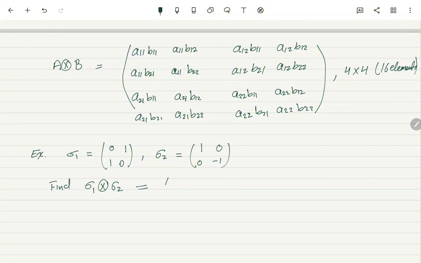The resultant is 0 0 1 0, 0 0 0 minus 1, 1 0 0 0, 0 minus 1 0 0. This comes from 0 being multiplied by the four terms, giving four zeros. Now 1 is multiplied by this one, so 1 by 1 is 1, 1 by 0 is 0, 1 by 0 is 0, 1 by minus 1 is minus 1, and so on.